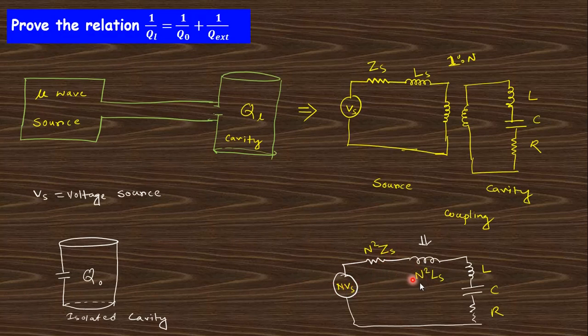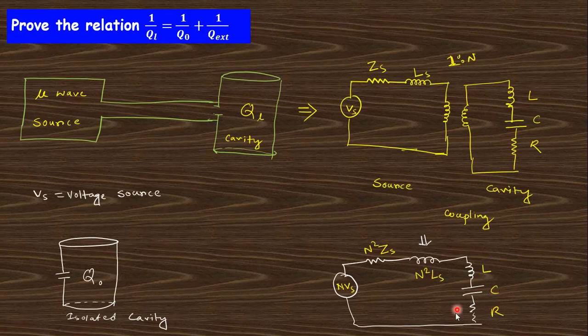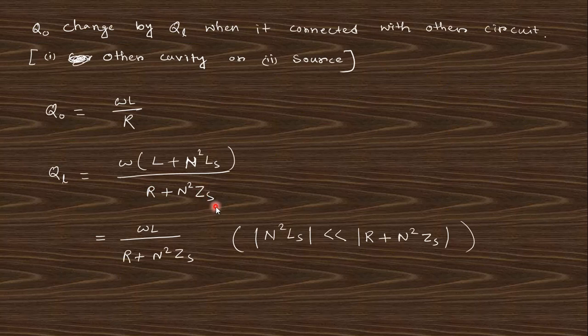So omega 0 L, the total L is L plus n square LS, and the total resistance is R plus n square ZS, this resistance and this resistance. Now this n square LS is small compared to L, so it can be neglected.